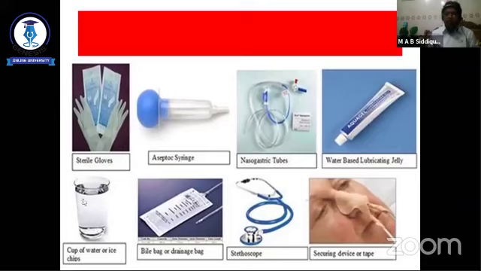Because when you introduce the NG tube, you frequently tell the patient to swallow, and at this time you can give water to the patient. Also a bile bag or drainage bag, the stethoscope, and tape for securing the device. The question may be like that: what are the things you need for introduction of the NG tube?